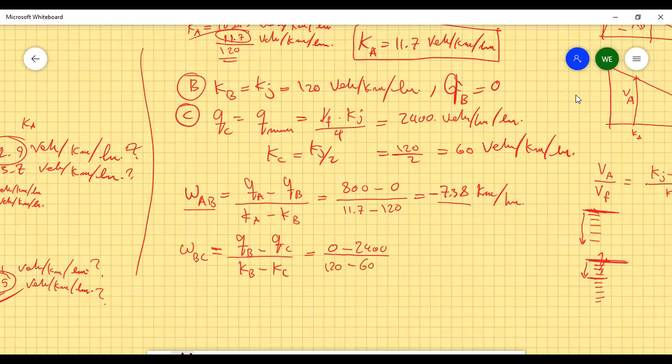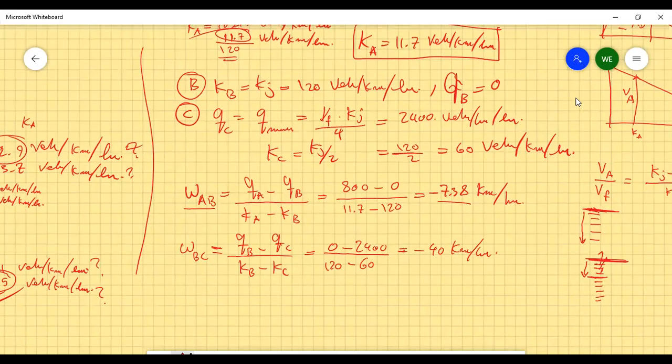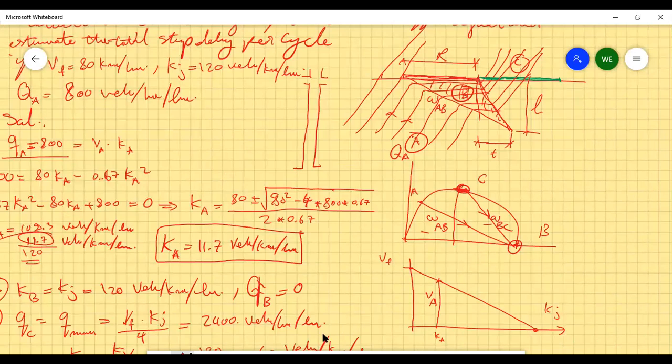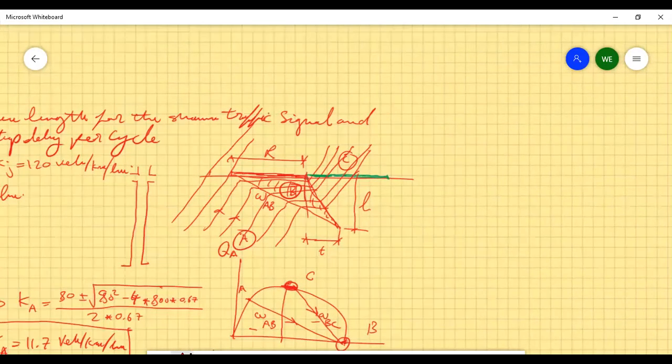So here it's 60. So this will be minus 40 kilometers per hour. Correct? So now we have 2 shock waves. Now we want to calculate the length of the Q, this L.